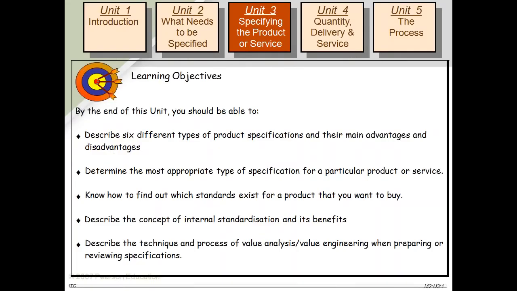So unit 3, let's talk about specifying the product and service. Here we talk about the different types of product specifications. The way we write it, each one has advantages and disadvantages. The most simple thing is always to give the sample. Guys, okay, here is the sample, give me as per sample.